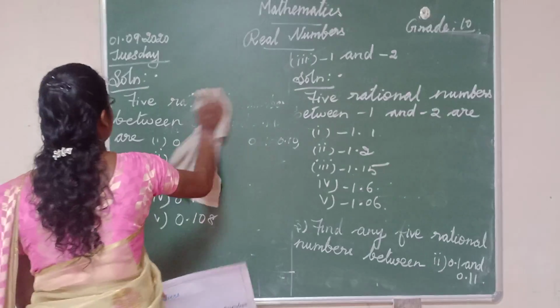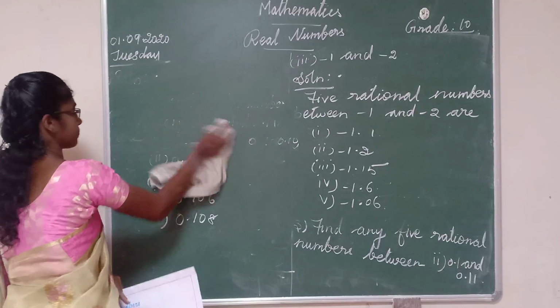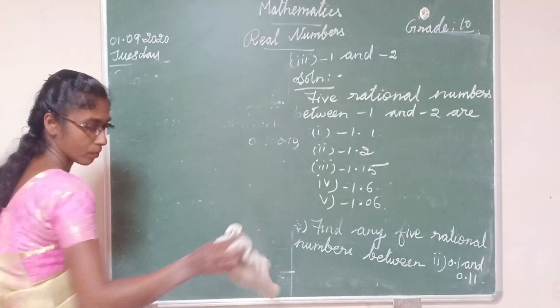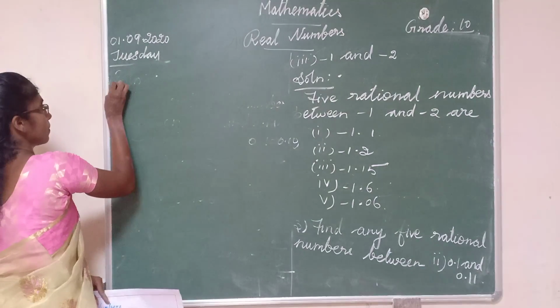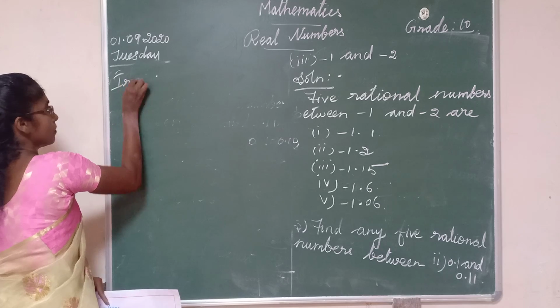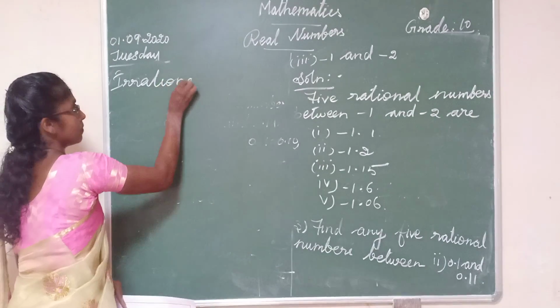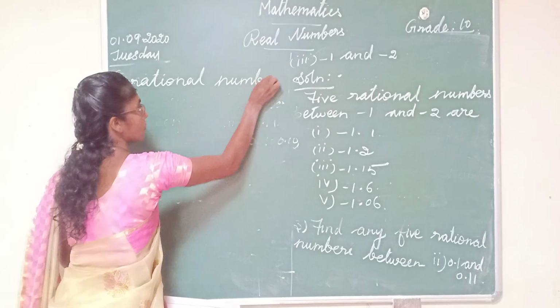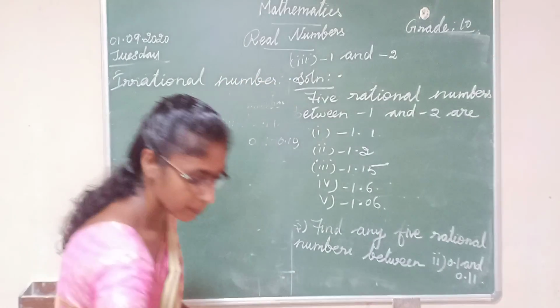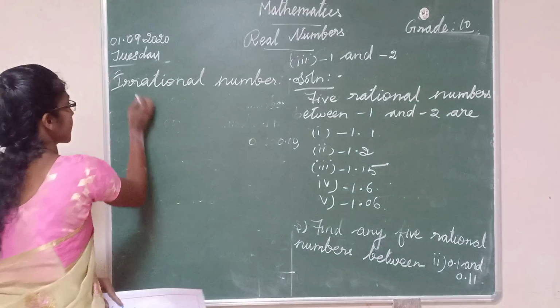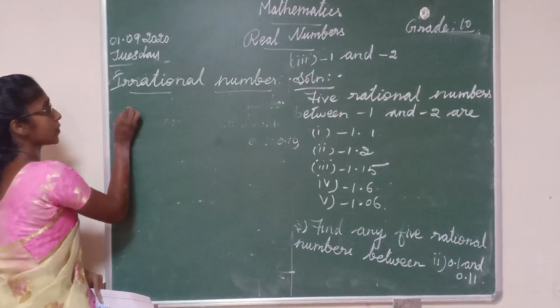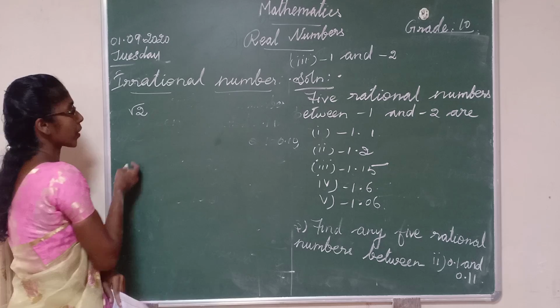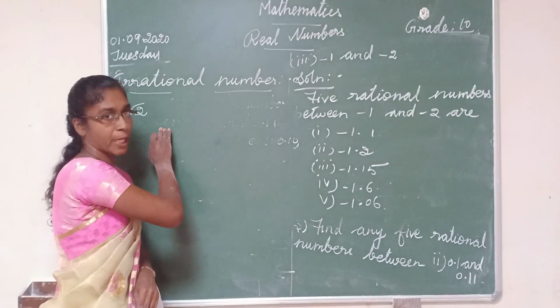Why √2? I have selected the number √2. Whether √2 is rational or irrational. First you see √2. Can you write this in the form of p by q?